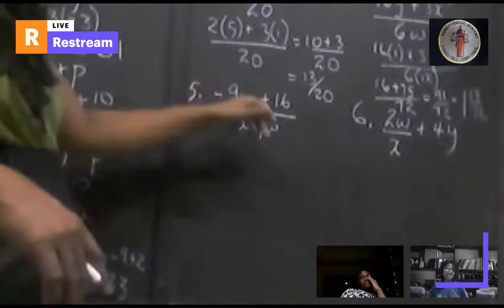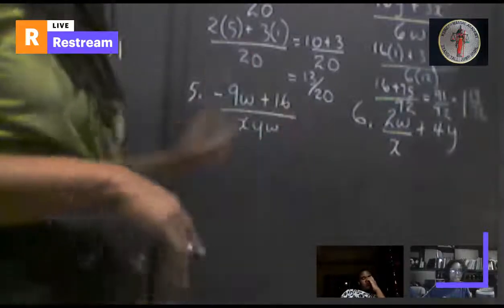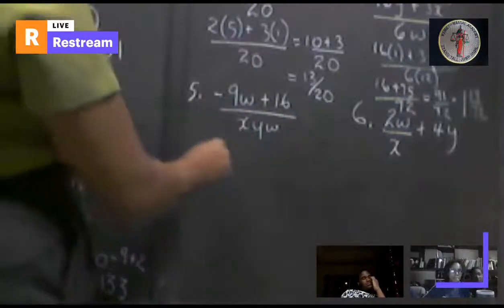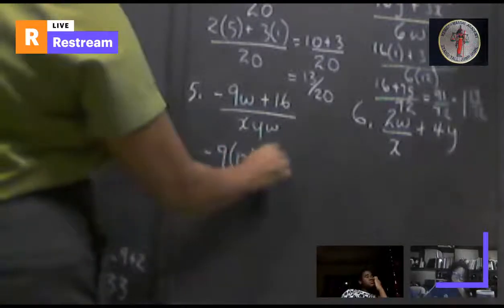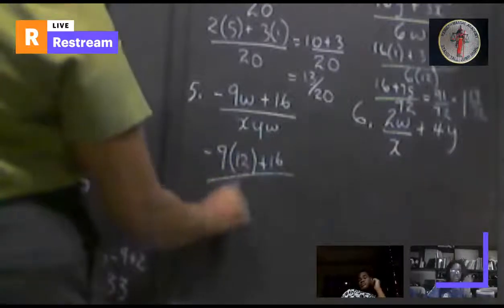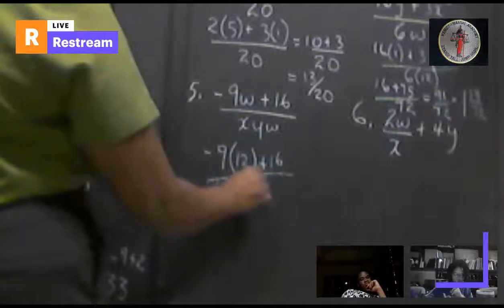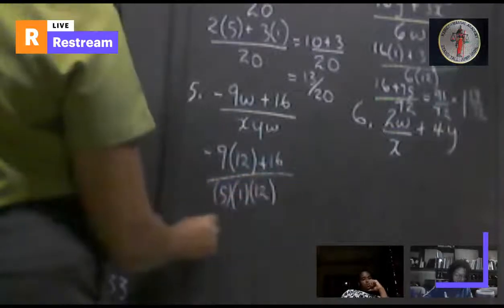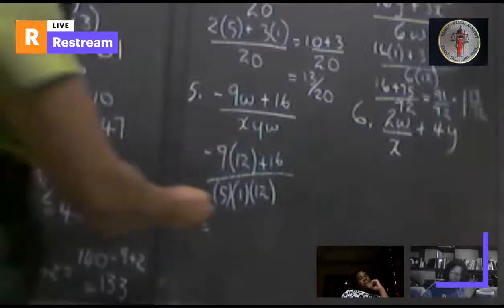So we have negative 9w plus 16 over xyw. So it's negative 9 times 12 plus 16 over x is 5 times 1 times 12. So what's negative 9 times 12?